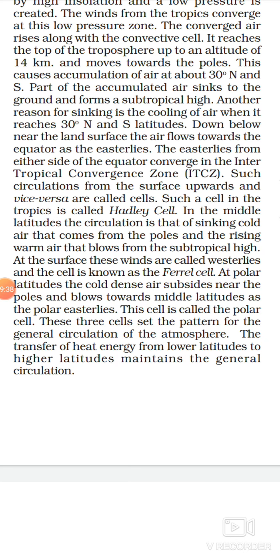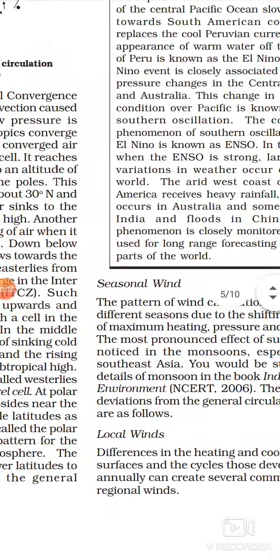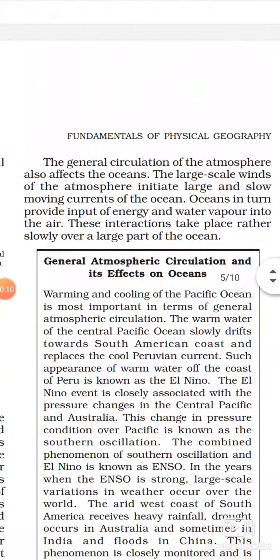In the tropical areas we have the Hartley cell, which consists of the wind flowing in that area, mostly the easterlies. In the subtropical we have westerlies called the Ferrel cell, and in the polar easterlies we have the polar cell, the wind blowing in the polar belt. So this was about the ITCZ and all.